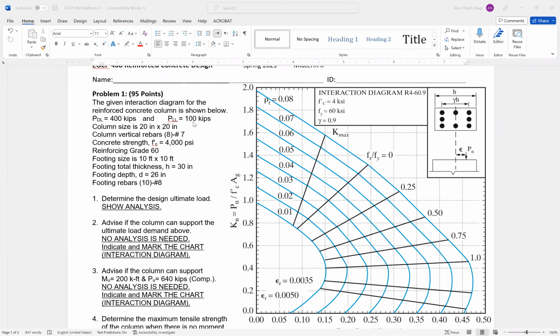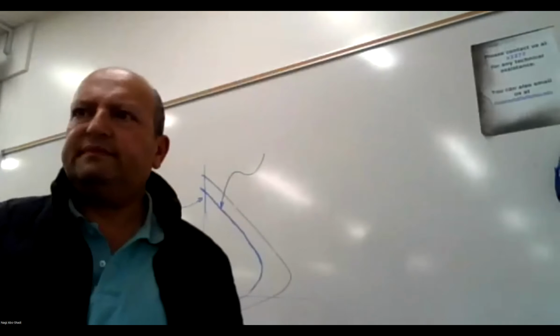K sub n equals the nominal capacity divided by f prime c times A sub g, the cross section area of the concrete. Is it good? Better?